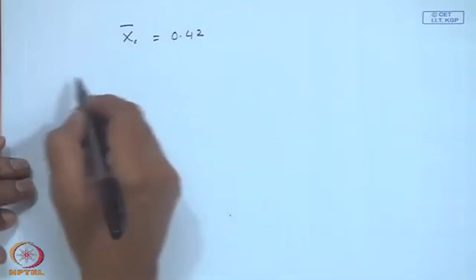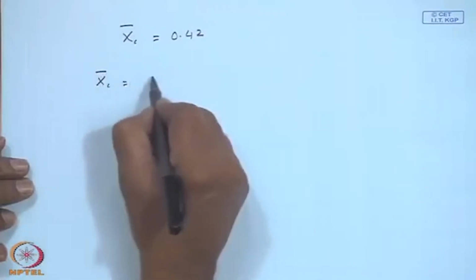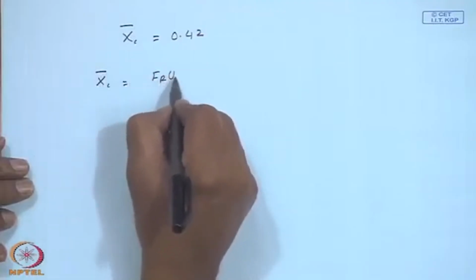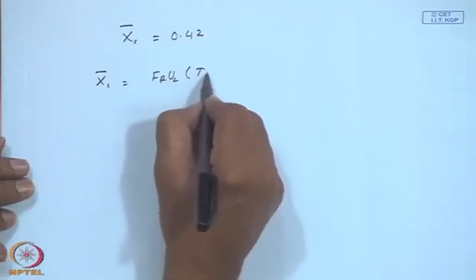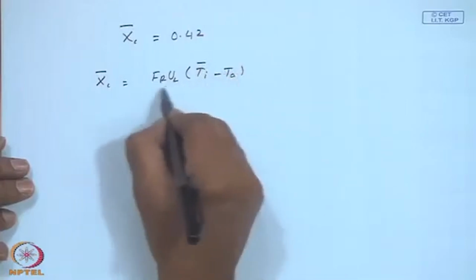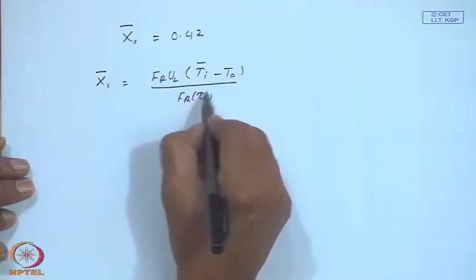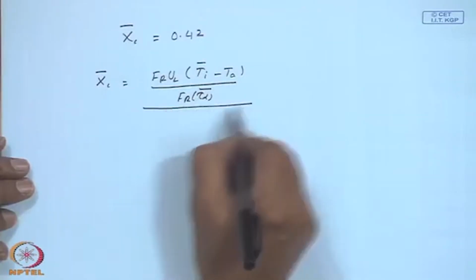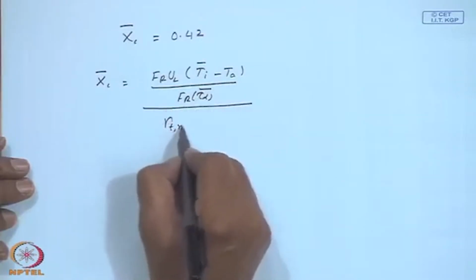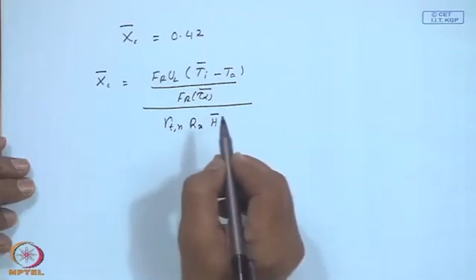So, x c bar equals F R U L into T I bar, the average inlet temperature, minus T A, by F R tau alpha bar by R T n R n H bar.